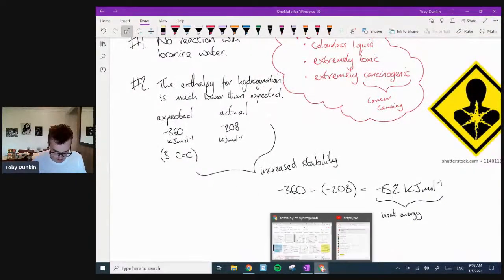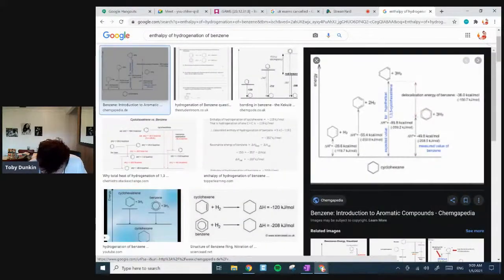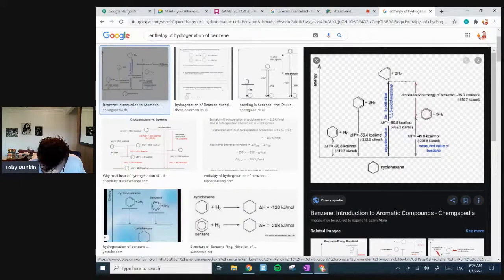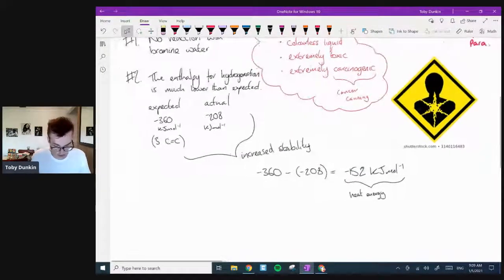Now that I've Googled it, the delocalized energy of benzene is 150.7.